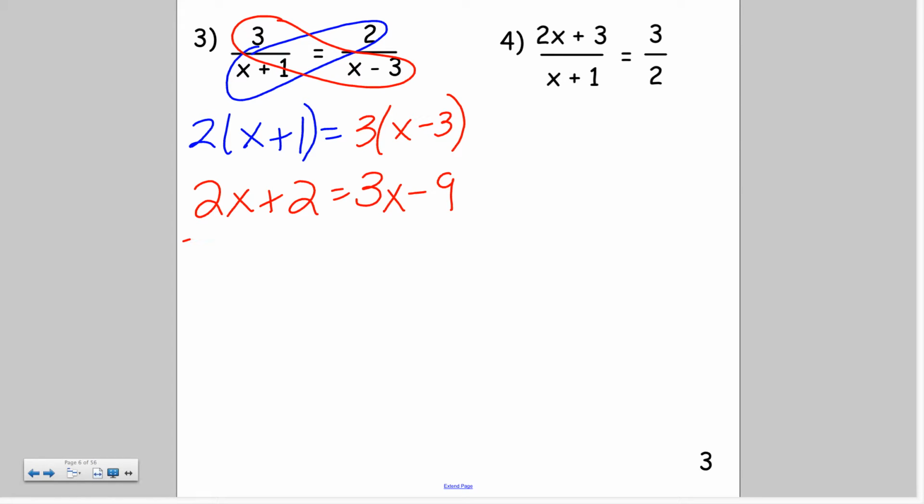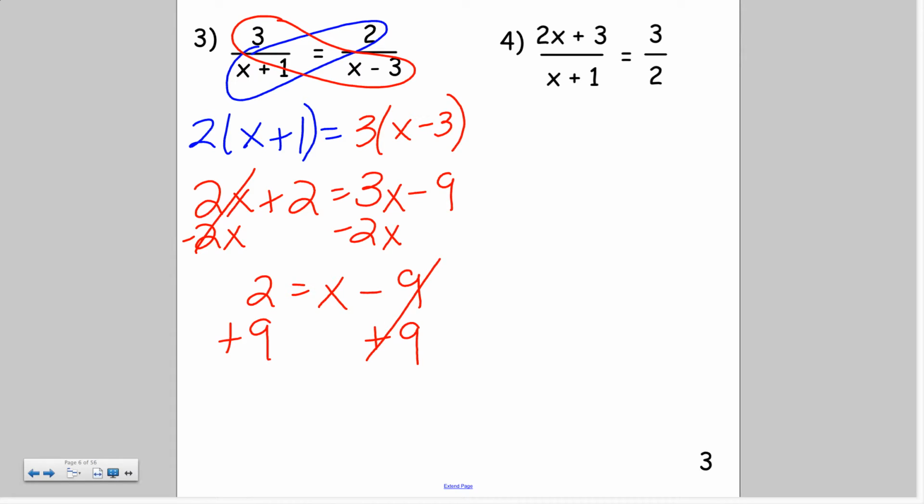Get x's on one side, because I don't want to have to deal with a negative x, meaning I have to divide by a negative 1. So I always move the smaller x over, or whichever's going to leave me something positive.